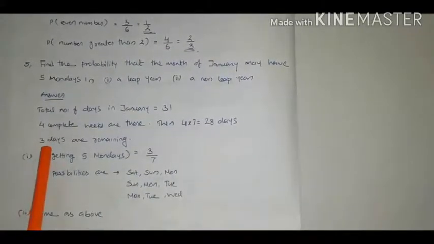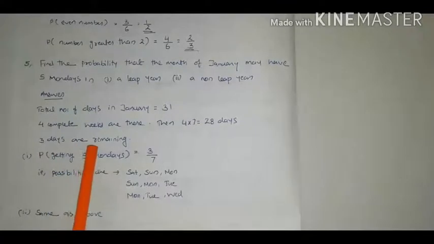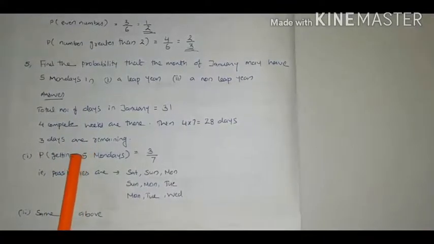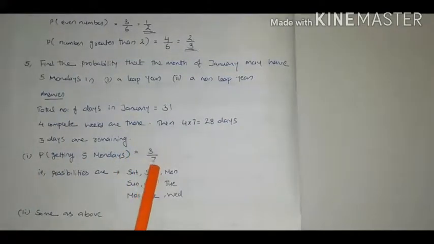How to allocate those 3 days? In a week total 7 days are there, but 3 days are remaining. So the probability of getting 5 Mondays should be 3 by 7, because 3 days are remaining and a total of 7 days are there in a week.